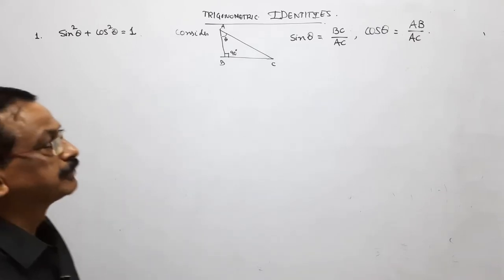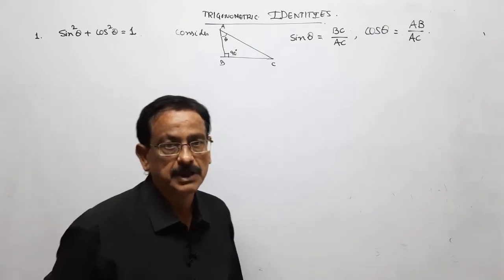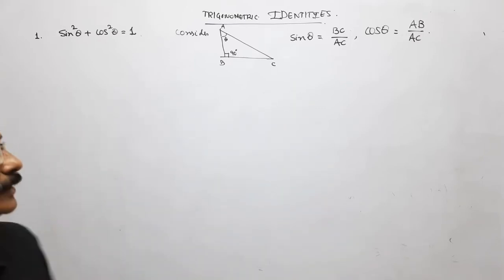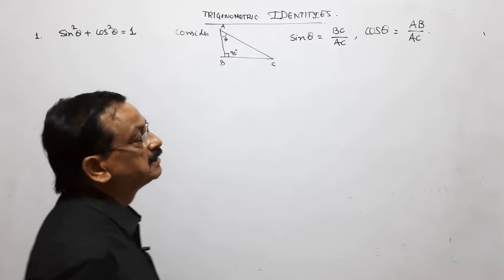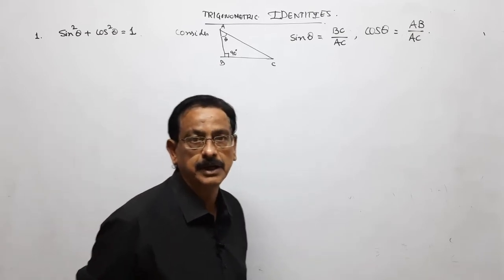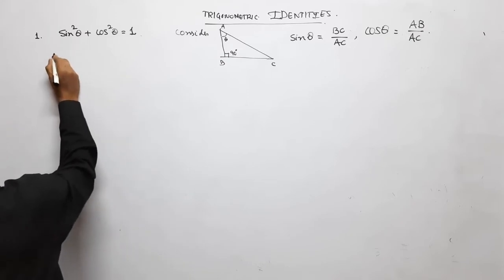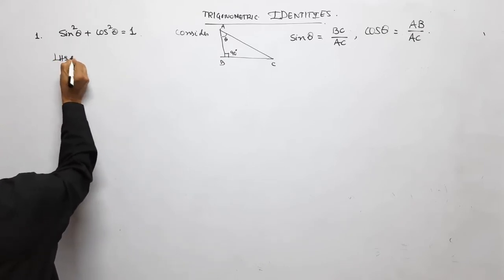Let us play a game with only the sine and cos, because once I know sine and cos, I can talk about tan and the remaining trigonometric ratios. So I want to prove this. So consider LHS.